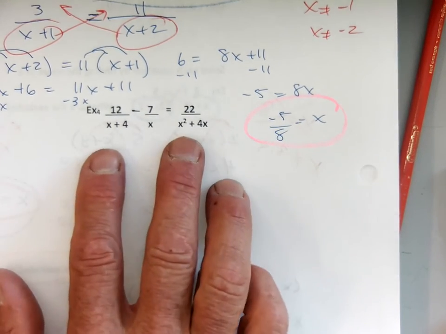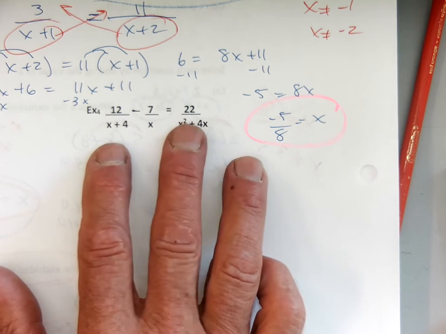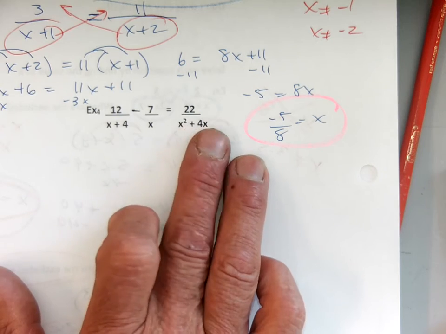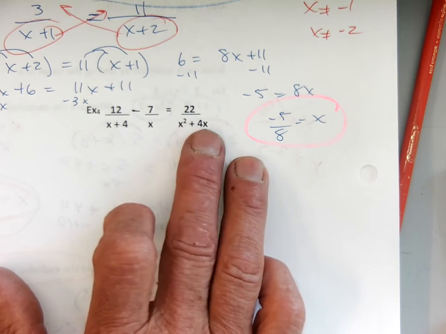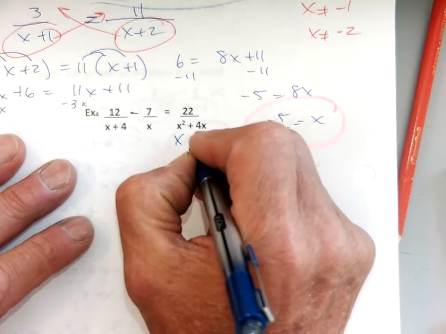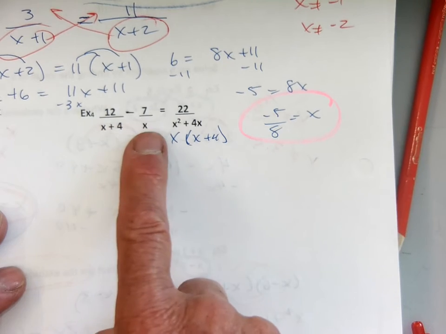Now, number 4. What we learned yesterday is if we can factor, sometimes it makes the common denominator easier. Because in this case, we will need a common denominator, okay? So if I can factor this third fraction into x times x plus 4, we're going to look at all 3 fractions.